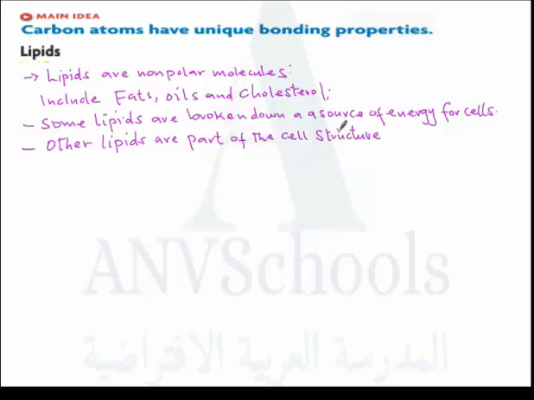Fats and oils are two familiar types of lipids. They store large amounts of chemical energy in organisms. Their structures are similar.